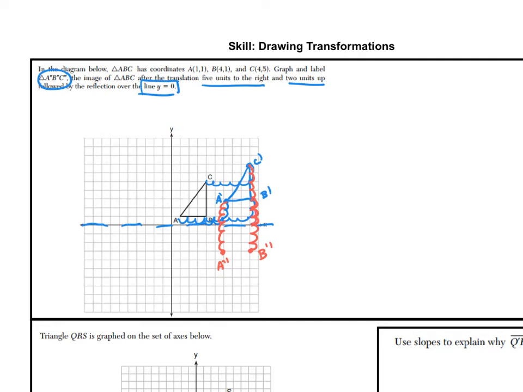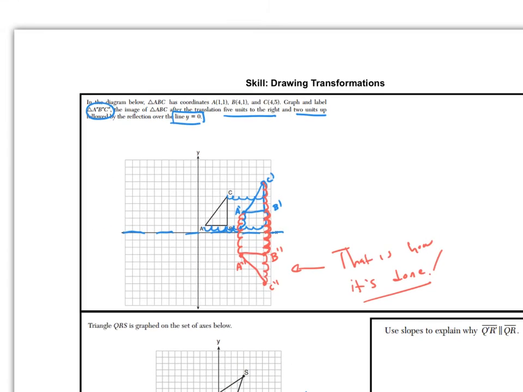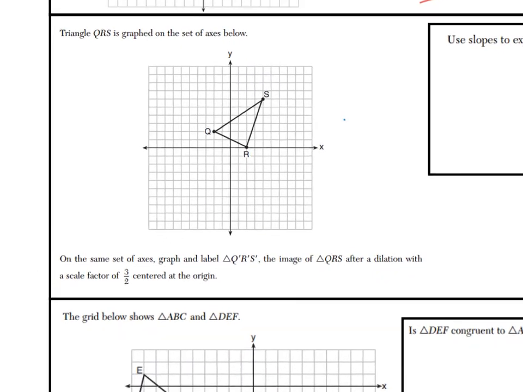So we have to go 7 down now. 1, 2, 3, 4, 5, 6, 7. And that's C double prime. Draw it out and boom. That's how it's done. Nice. Okay, let's move on to the next problem.